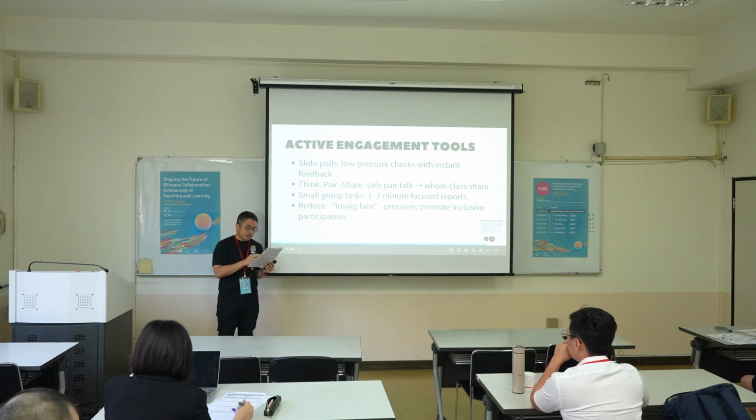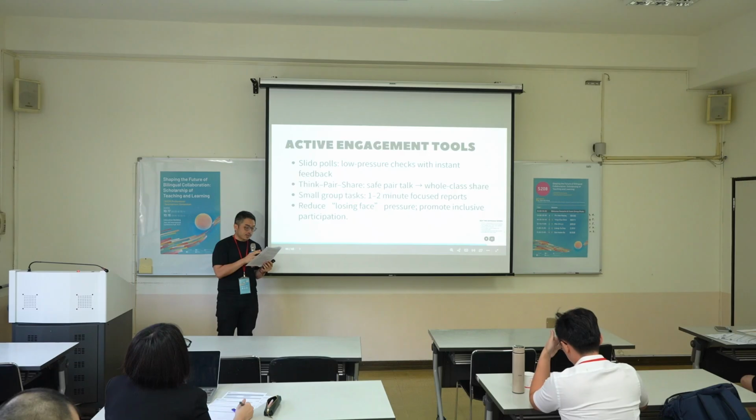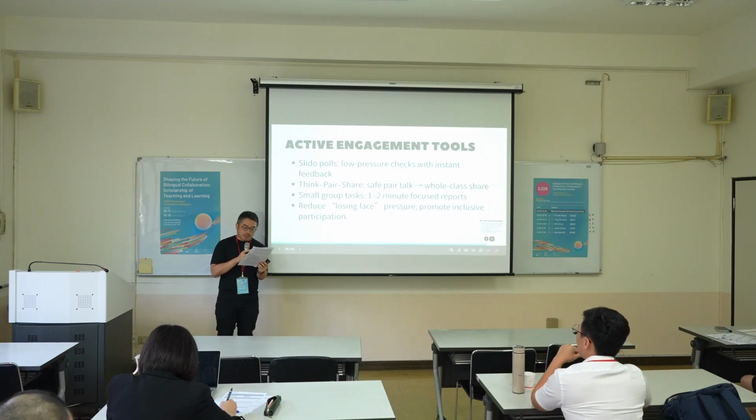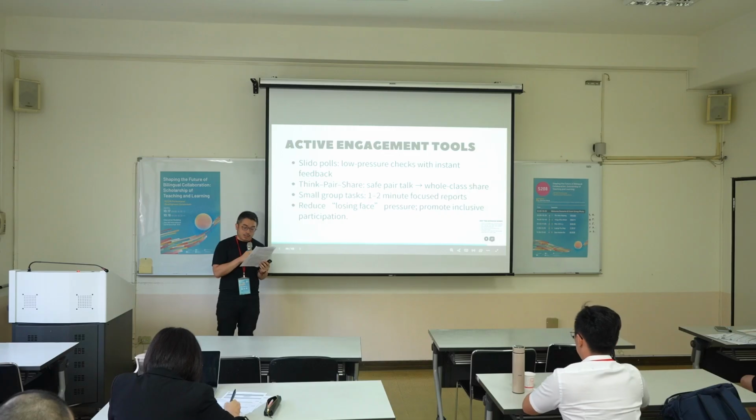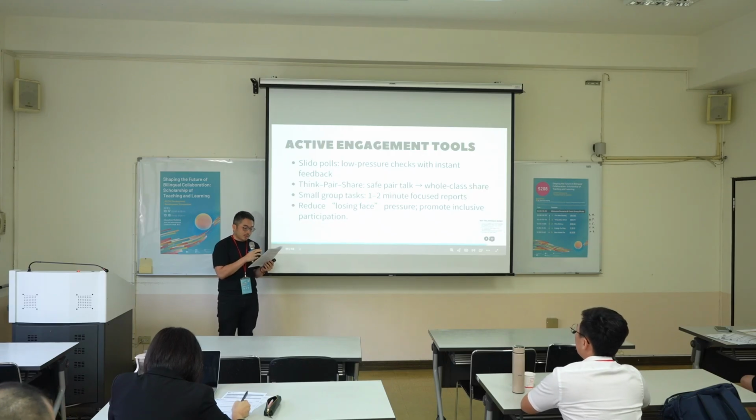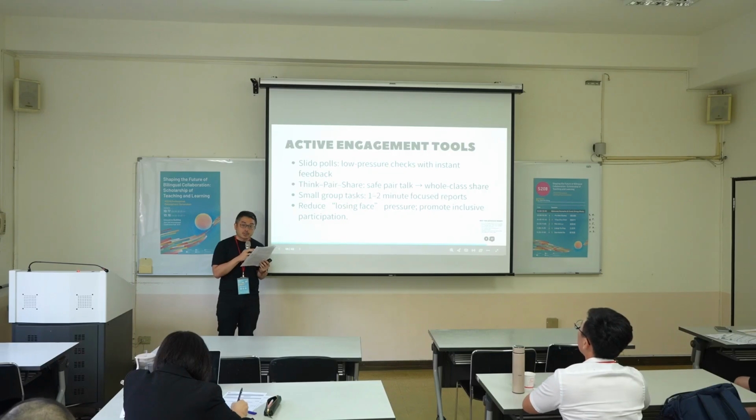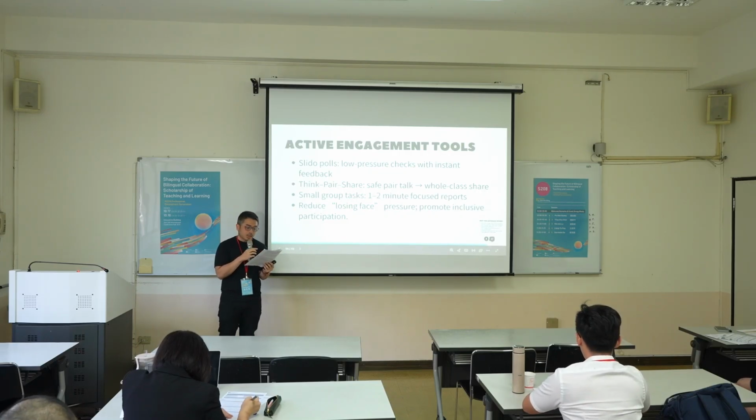Think, pair, share is another strategic choice. It is a three-step process designed to scaffold the discussion. Each student gets time to think individually. Then they articulate their ideas in a safe pair setting. Before being asked to share with the whole class, the process has already systematically built their confidence and fluency in academic discussion.